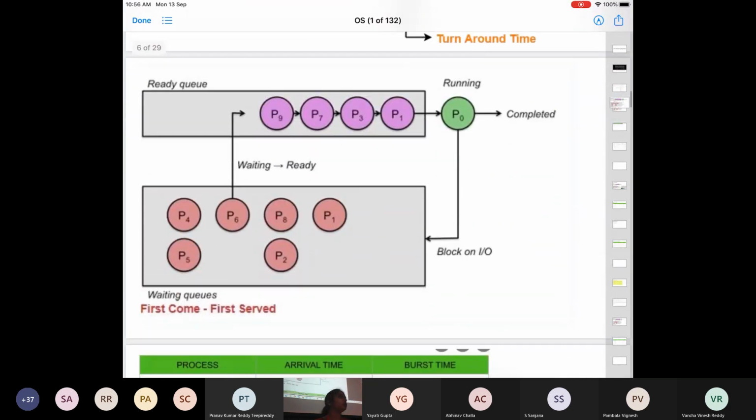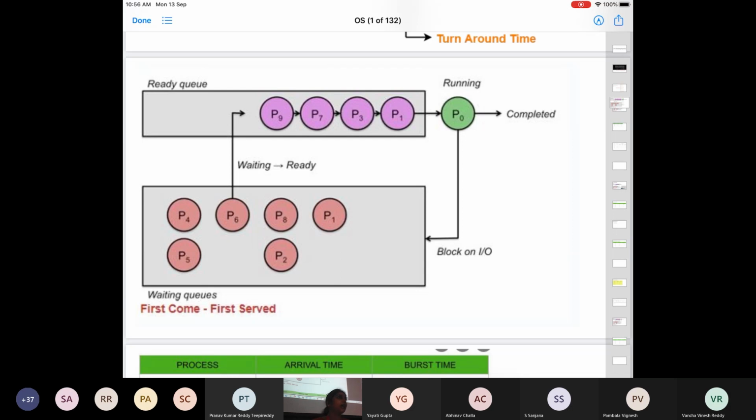So this is the first approach, which is first come, first served, and it is definitely the first thing which comes to mind. So what is the ready queue? Ready queue is nothing but a queue of the process control blocks. So whenever you double click on a process, it comes and sits in the ready queue. You double click on the second process, it comes and sits in the ready queue, probably after the first process.